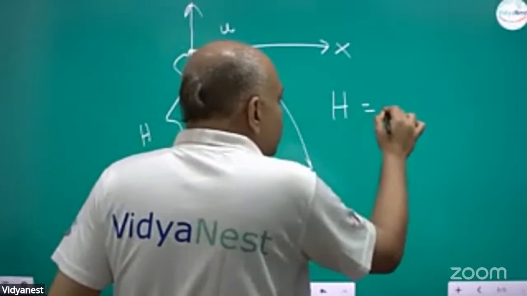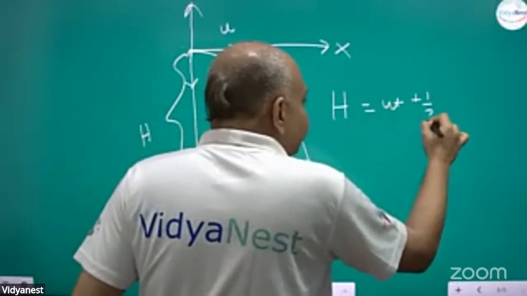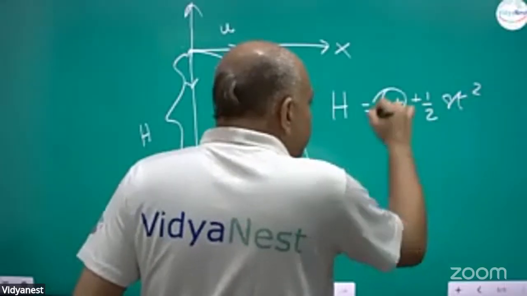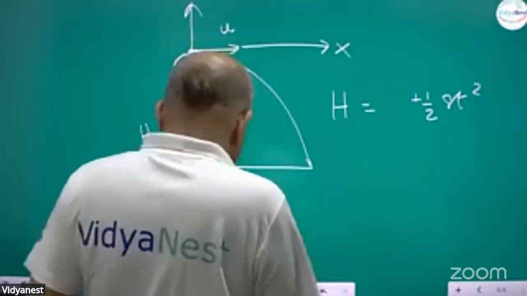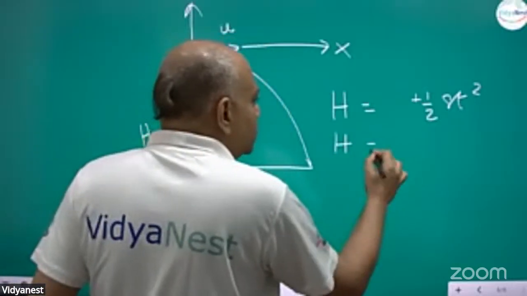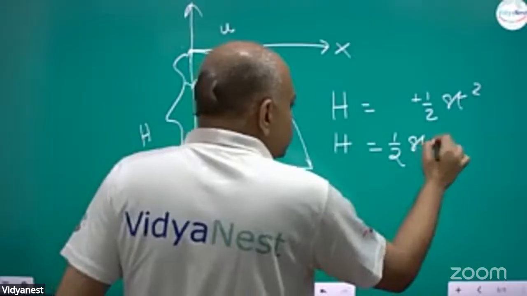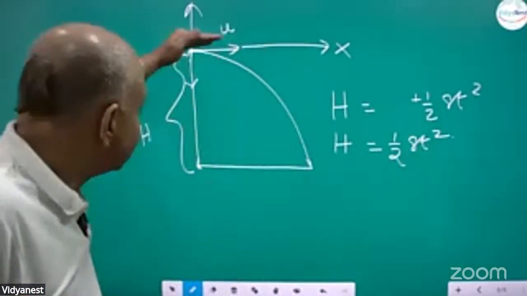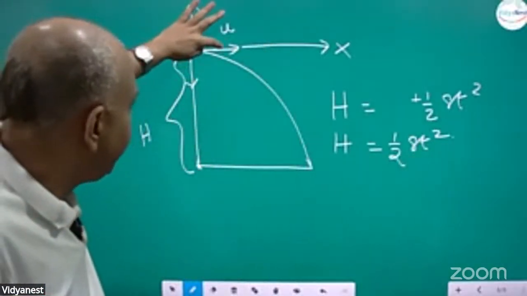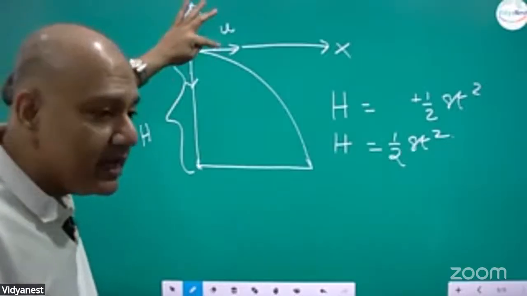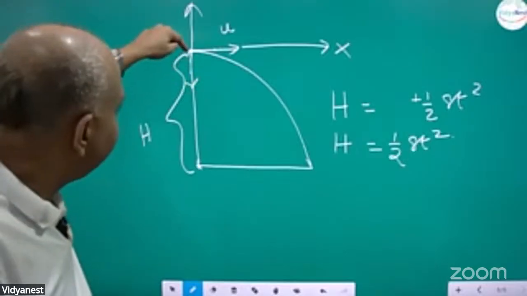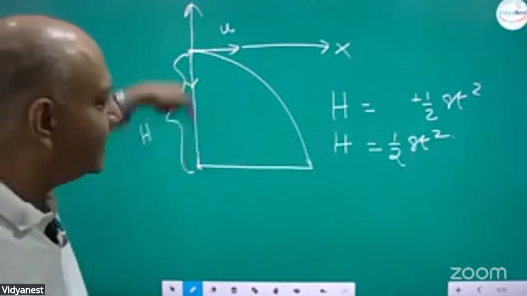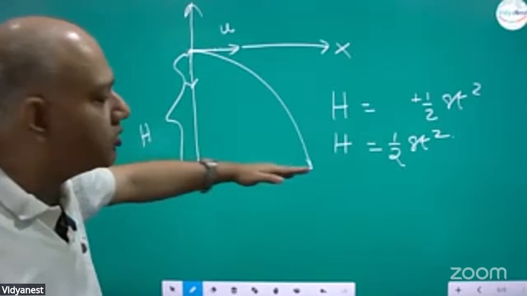So the final vertical displacement h is equal to ut plus half gt square. U is 0, so we cancel this one. So I can write h is equal to half gt square, because the x and y components are mutually perpendicular. Whenever I'm discussing the vertical motion, we need not think about what is happening along x.